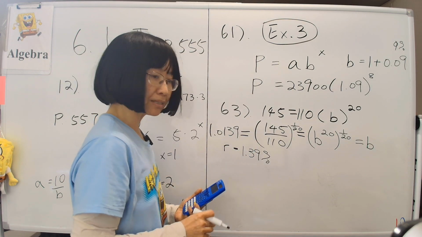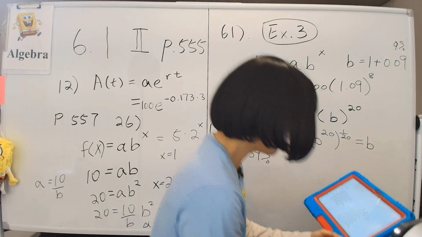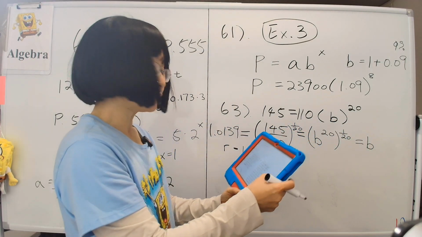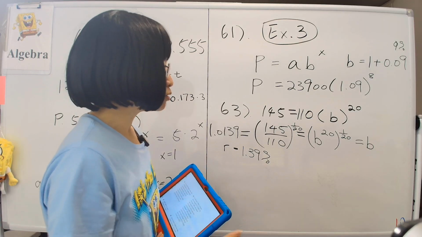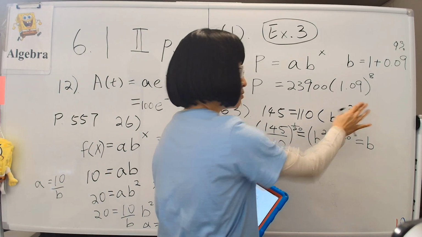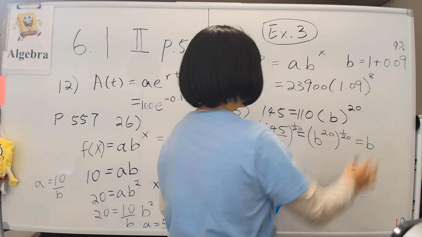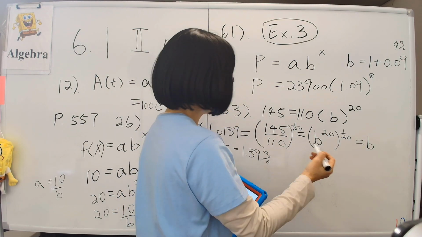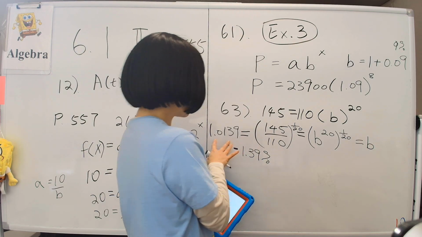Now, this problem has a second part. The second part wants to know the value of the house in the year 2010, which is 25 years from 1985. So the time increases to 25, and we can plug that in with B now equal to this value.